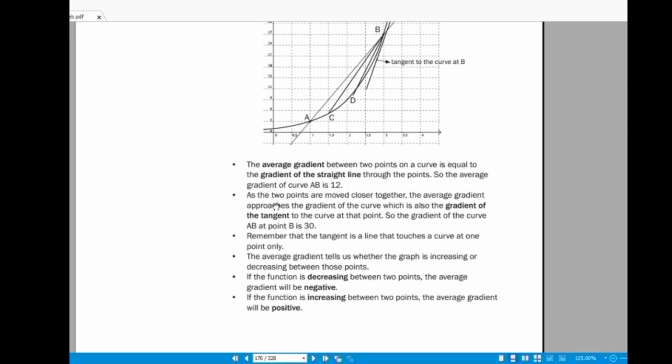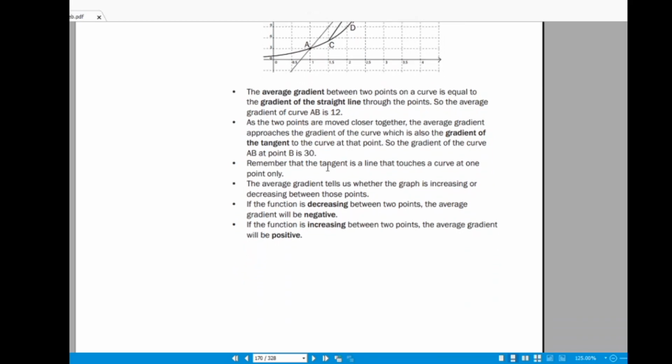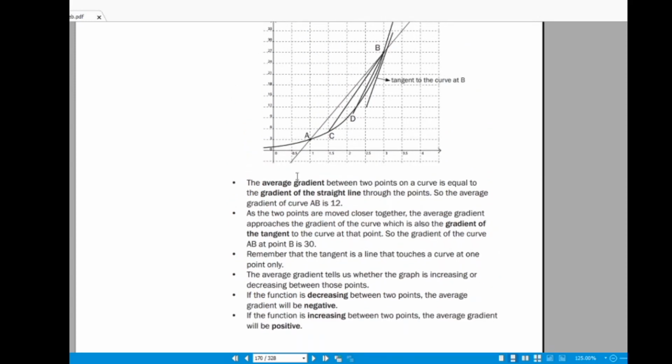That gives you the average gradient between those 2 points on the curve.